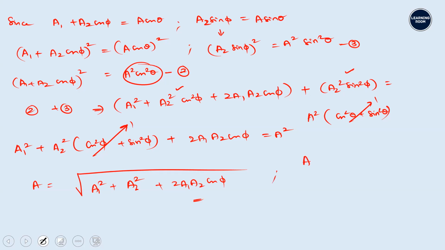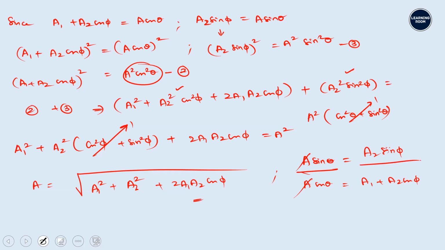Similarly, I know that a sin theta is equal to a2 sin phi and a cos theta is a1 plus a2 cos phi. In the previous scenario, we squared and added them to eliminate theta. Now if I want to eliminate a, I divide. When I divide, a and a are gone.